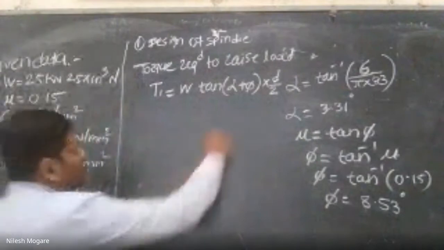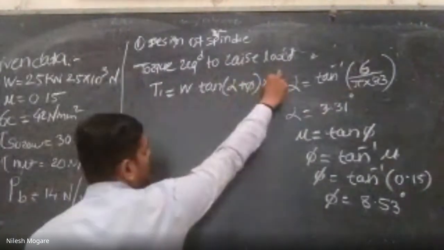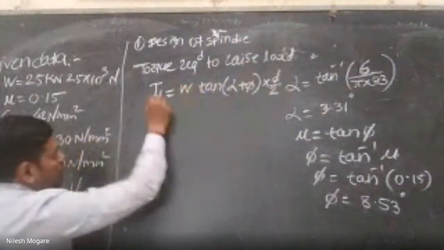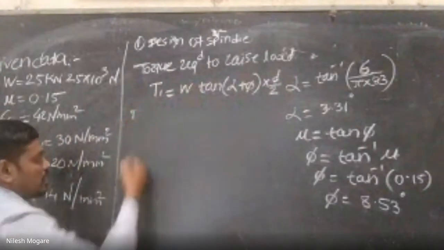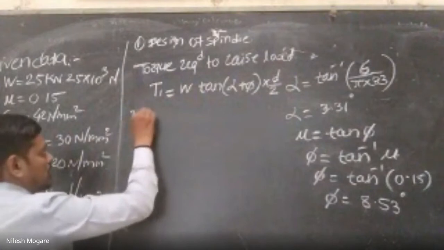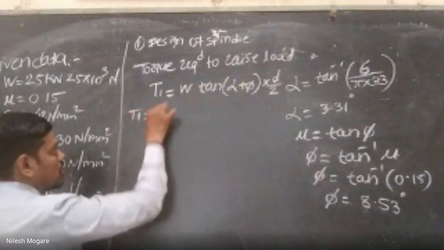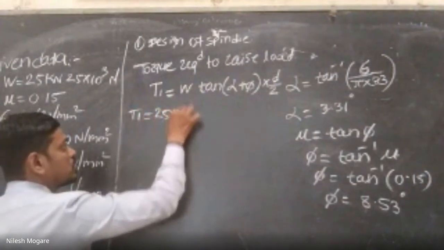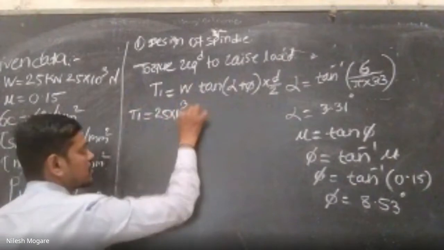So put the value of alpha, phi, D and W in this equation. We get the value of T, that is torque required to raise the load. Value of W is equals to 25 into 10 raised to 3.